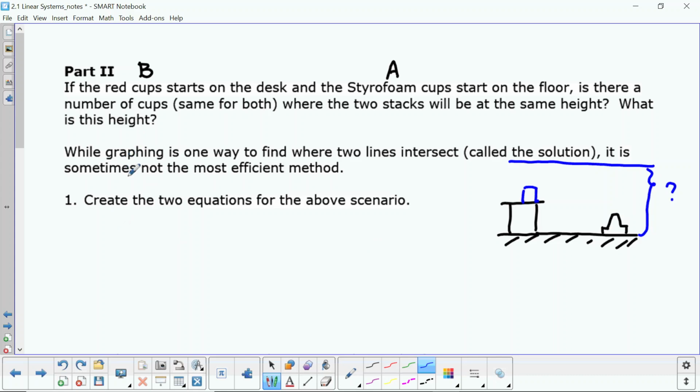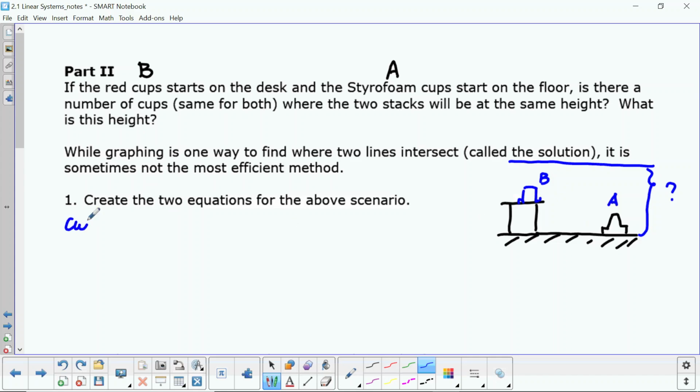So for this situation, in order to find when these two cups have the same height, we are going to use a strategy that we used in part 1. So we want to find the equation. We know cup A will have the same equation as before.